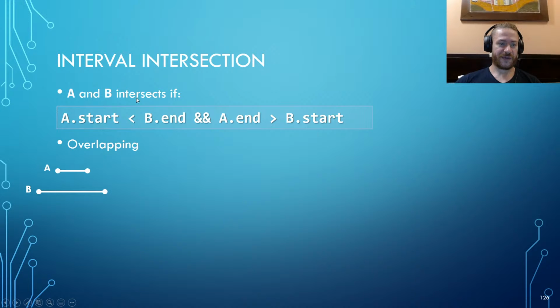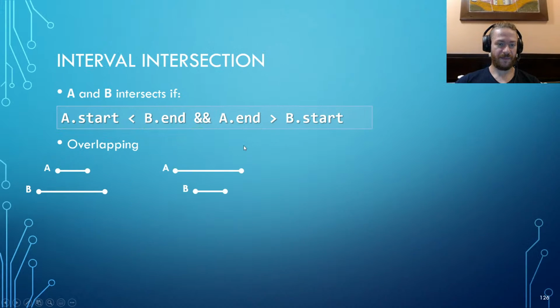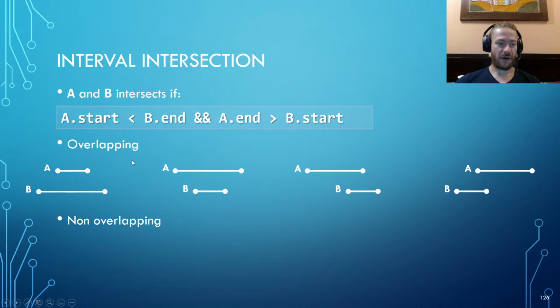Intersection of intervals means that if a.start is less than b.end and a.end is bigger than b.start, like this. These are overlapping intervals and non-overlapping.